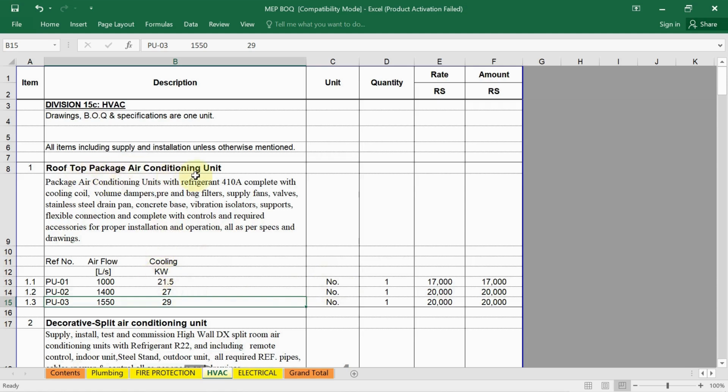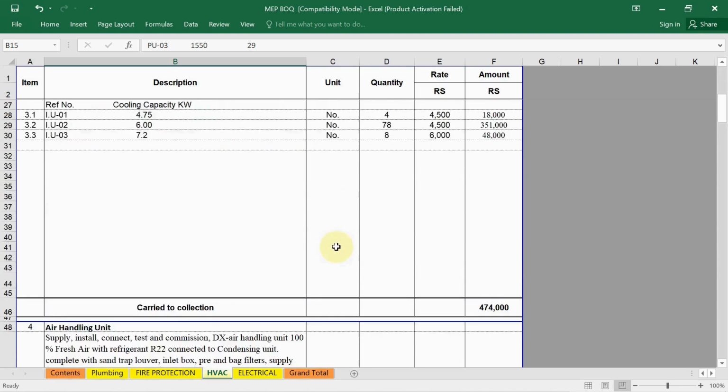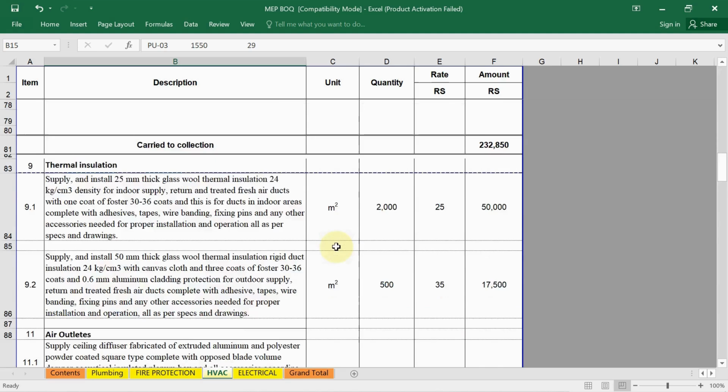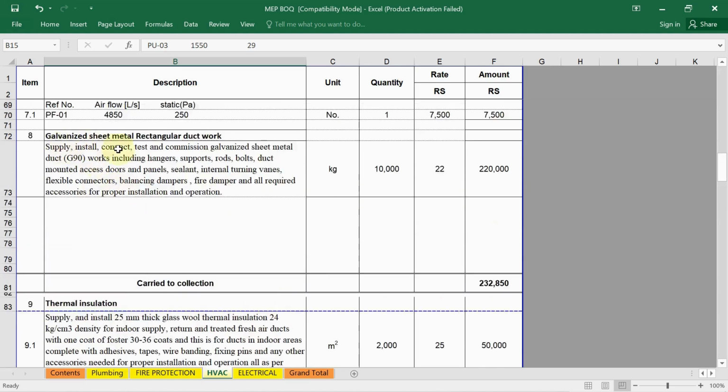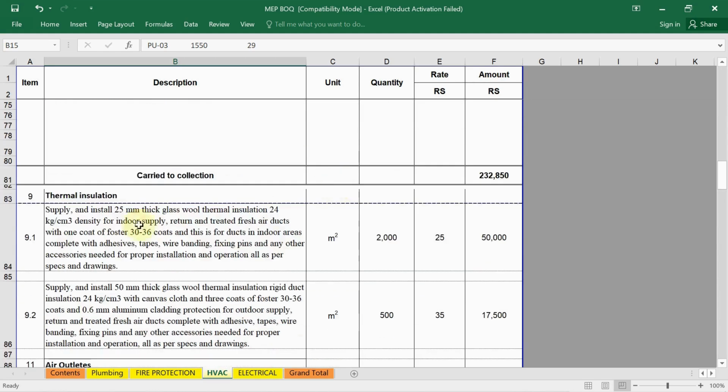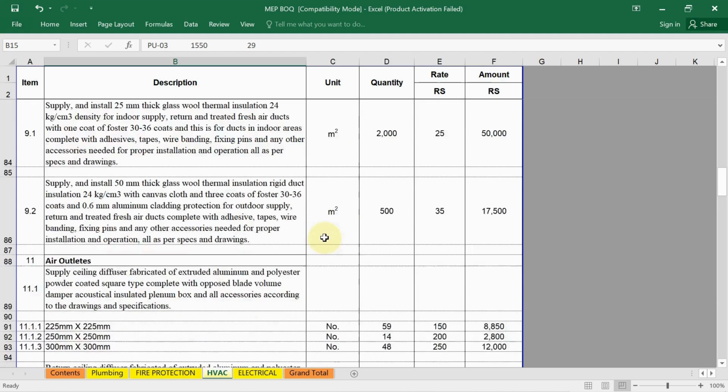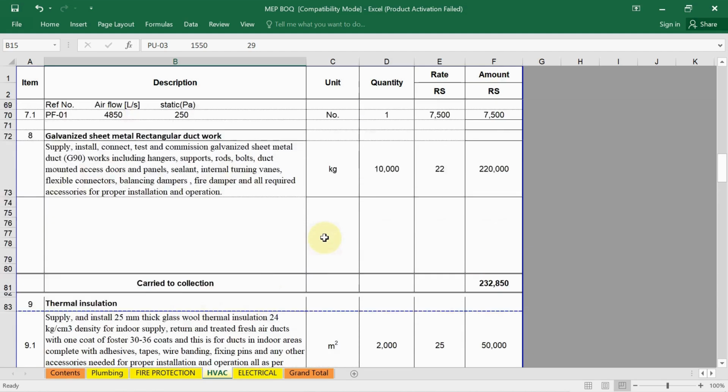Then in quantity, just write the number: 1, 2. Similarly, for the galvanized sheet metal rectangular ductwork, the unit of measurement given is kg, and for thermal insulation it is square meter. So you have to specify the unit of measurement for each item.